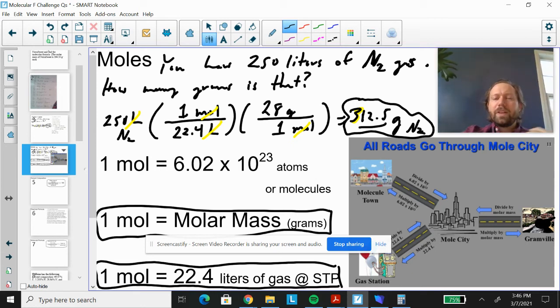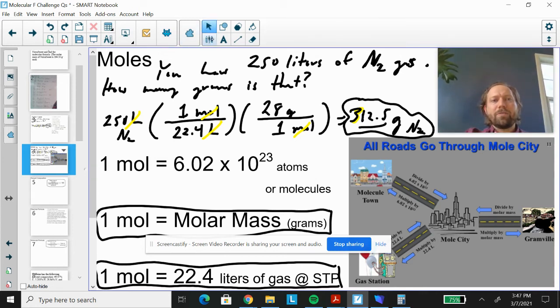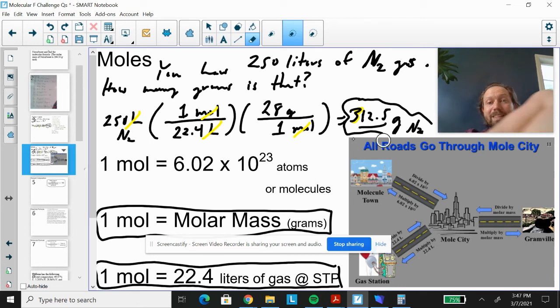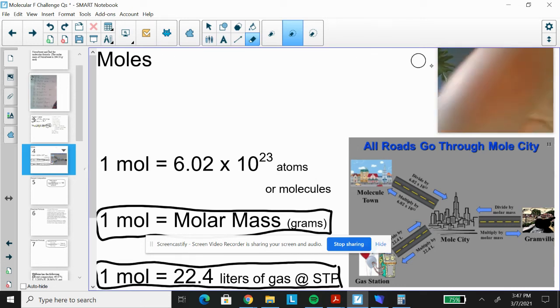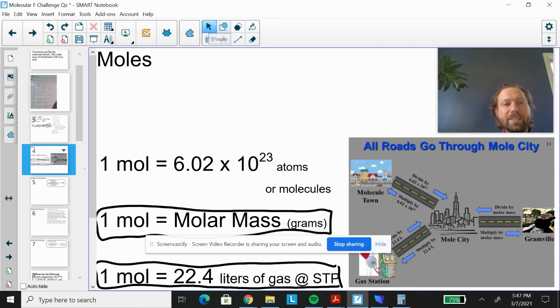Okay. Now, I just did 3 problems. One was a 1-step, and the other ones were 2 steps. If you look at the worksheets, there are a couple of different, maybe curveballs, I guess you could call them, right? Where maybe you have a density, for example, and let's say it's a density of water.